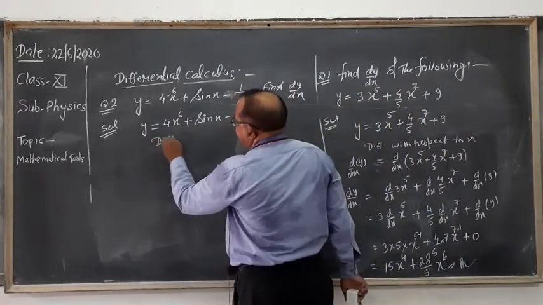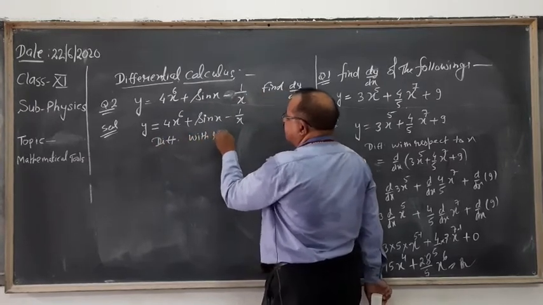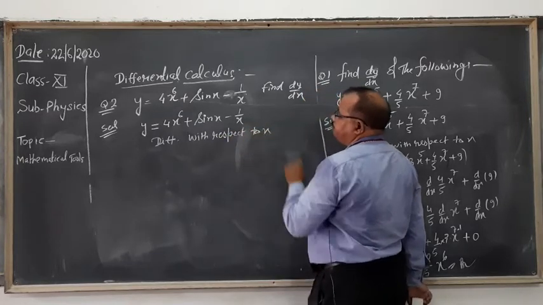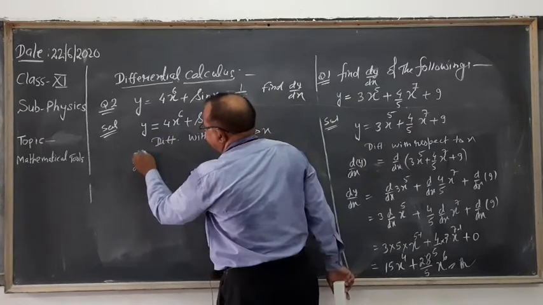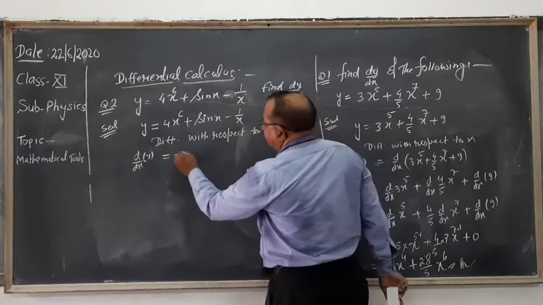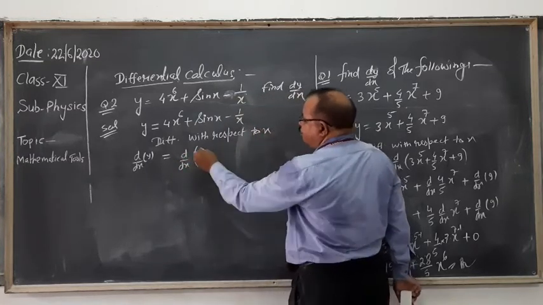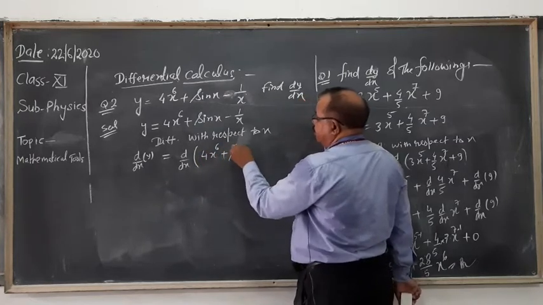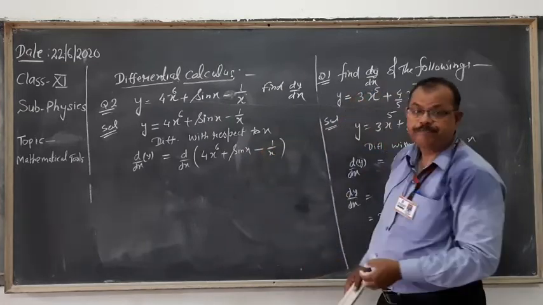So, differentiating with respect to x, this will be dy by dx, and in the RHS it is d upon dx of 4x to the power 6 plus sin x minus 1 upon x.